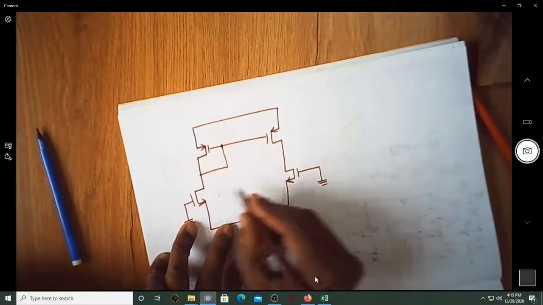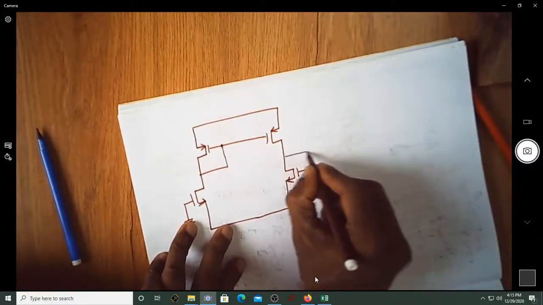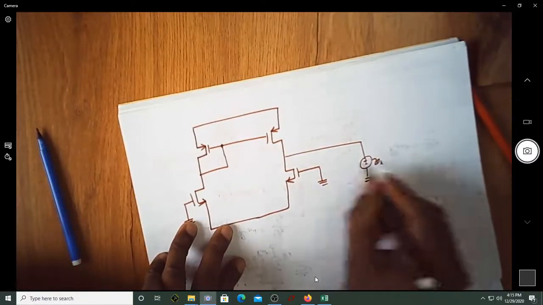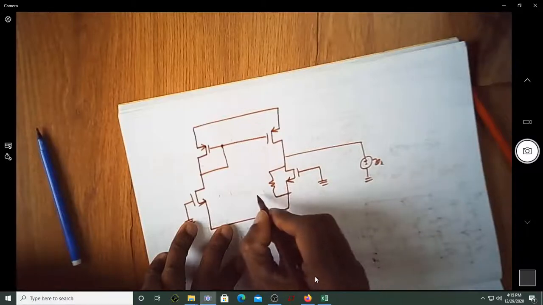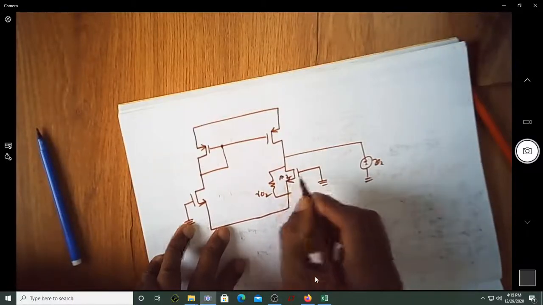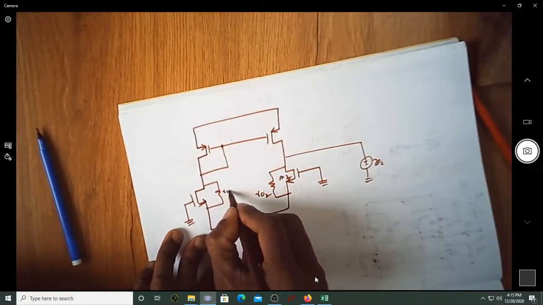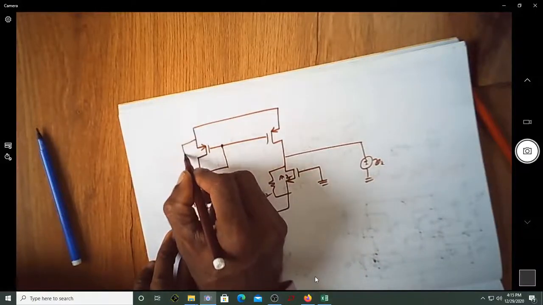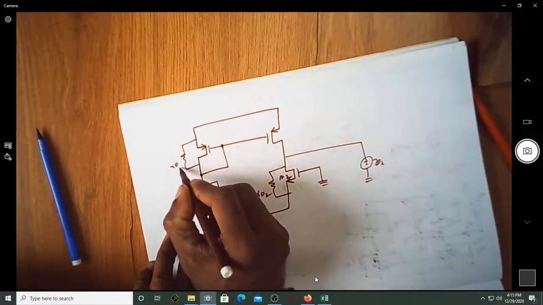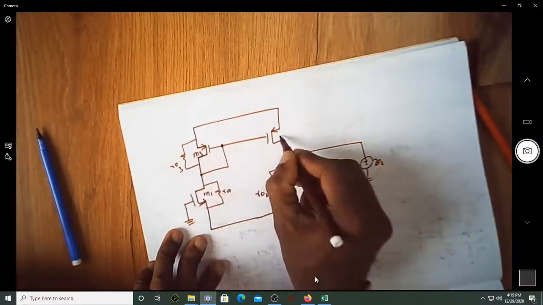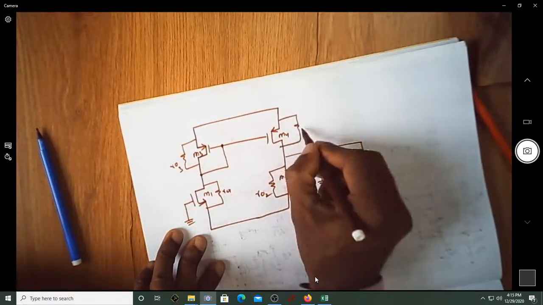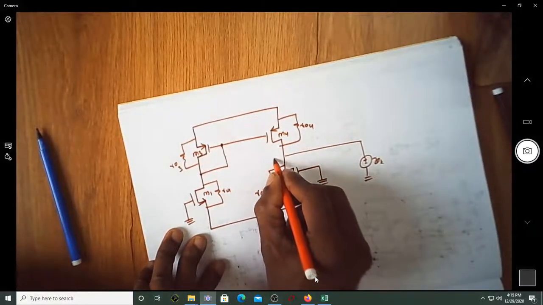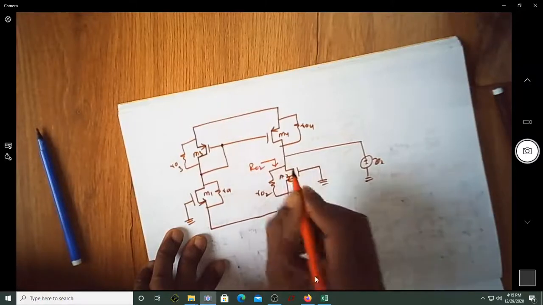This is my plus minus Vx, and this is R02 because this is my M2, this is R01, this is M1, and of course you have R03 because this is M3, this is M4, and you have R04. I am looking at the resistance looking down here. This I'll call R02.